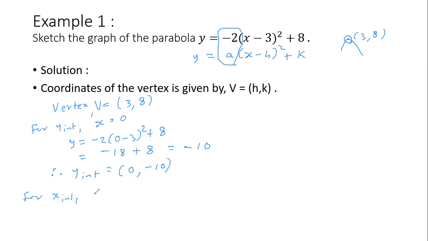Now, for the x-intercept, what we do is set f(x) to 0. Here f(x) means this y. Therefore, if you set y to 0, we get negative 2 times (x minus 3) squared plus 8 equals 0.